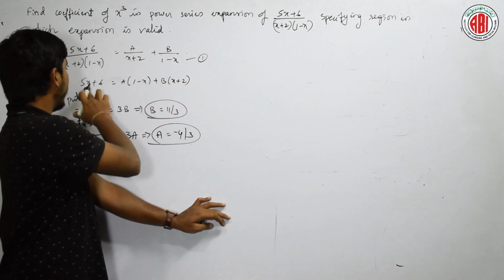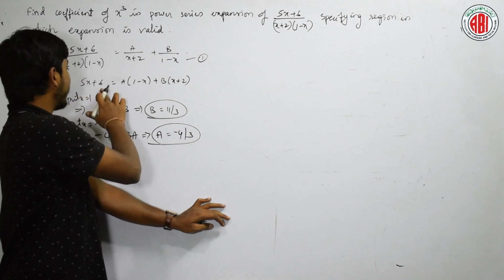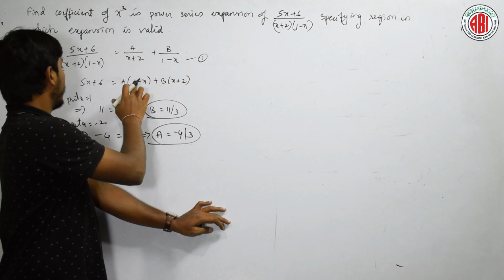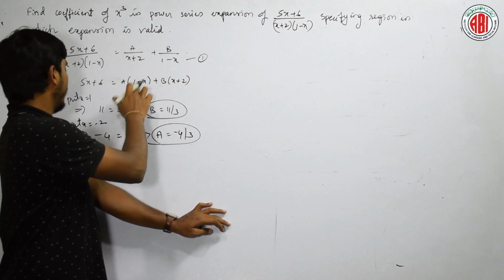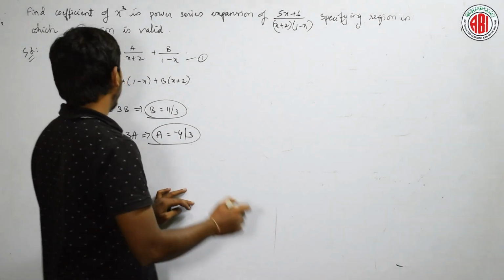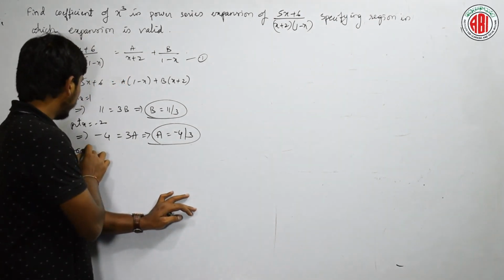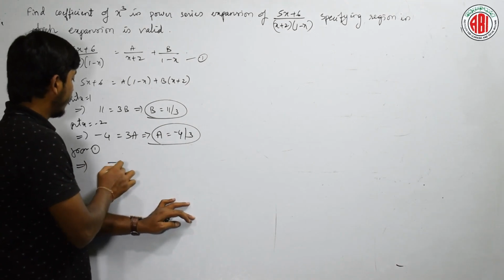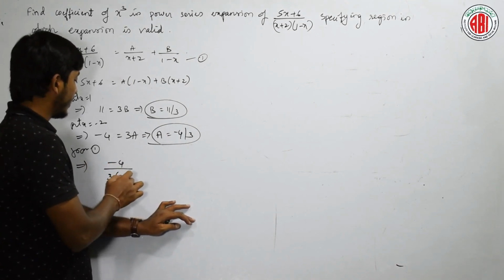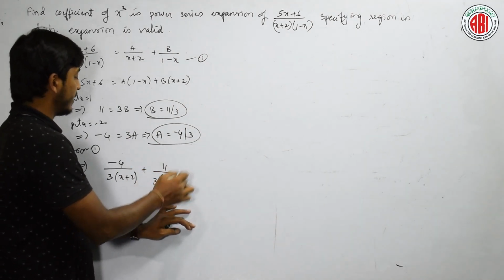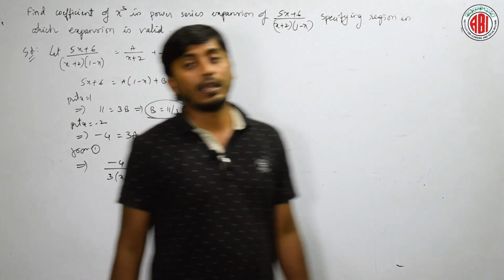Next, x equal to minus 2: minus 10 plus 6 is minus 4, and 1 minus (minus 2) is 3. Is it okay? So, from this, what do we get? Minus 4 by 3 into 1 by (x plus 2) plus 11 by 3 into 1 by (1 minus x). Is it okay till now?